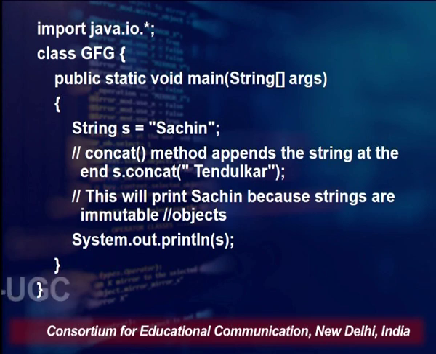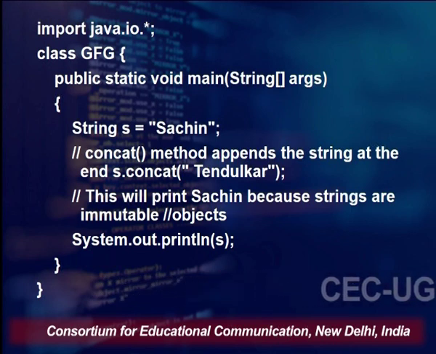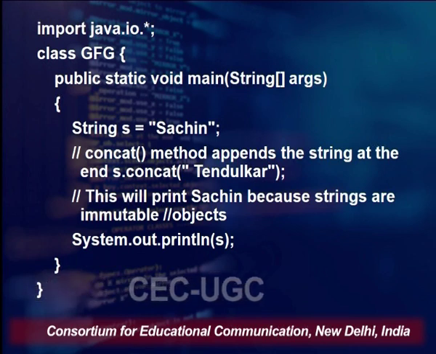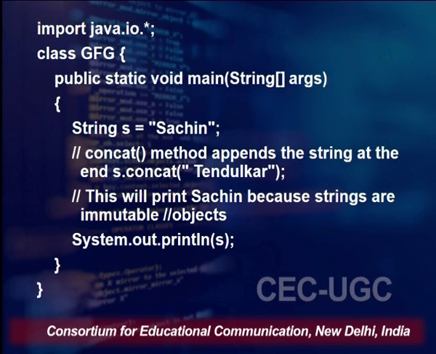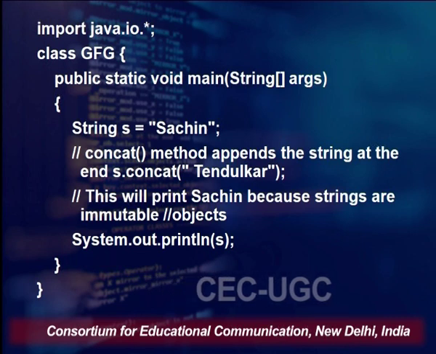So, we have import java.io.*, and within a class, which you can name whatever you want, and within the main method, we have created one string as we did in the first way, with the help of a string literal, and simply we say String s = "Sachin".